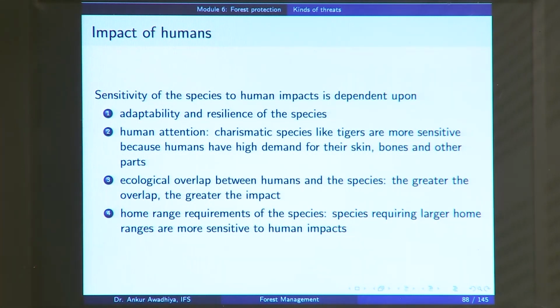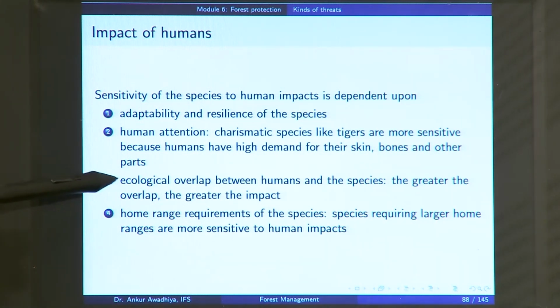Human attention is another factor. Tigers are threatened not because they are not adaptable, but because they look beautiful, and so humans have a huge demand for their skin. So, if a species is a charismatic species, then it might be much more sensitive to the impacts of human beings.